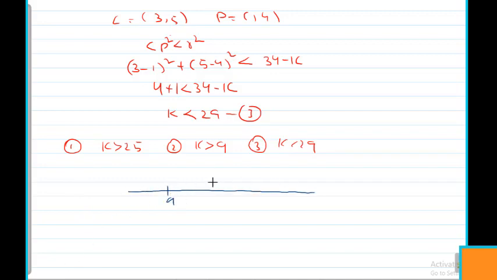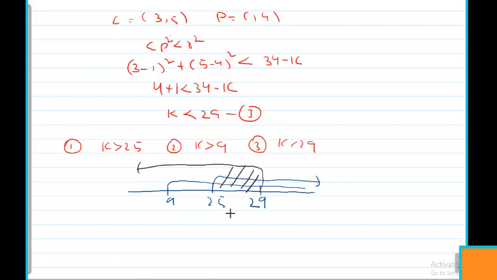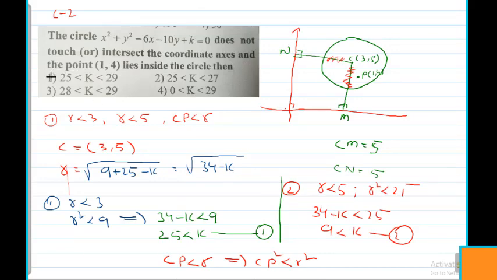Here 9, here 25, here 29. The first relation says k should be greater than 25, the second says k should be greater than 9, and the third says k should be less than 29. This is the common area. Therefore, 25 is less than k, which is less than 29. This is the answer for the problem. According to the options, option 1 is the correct answer.